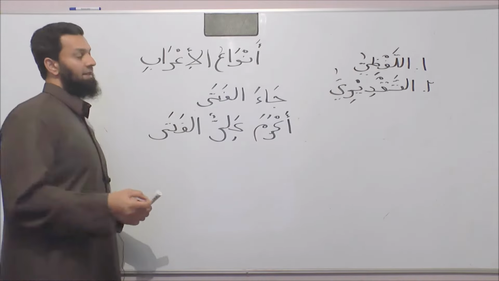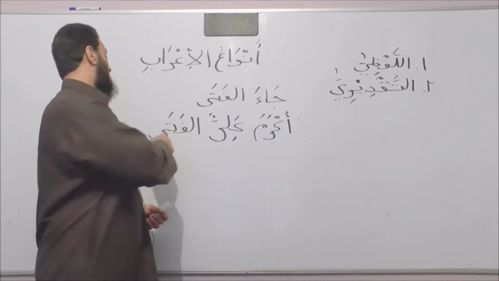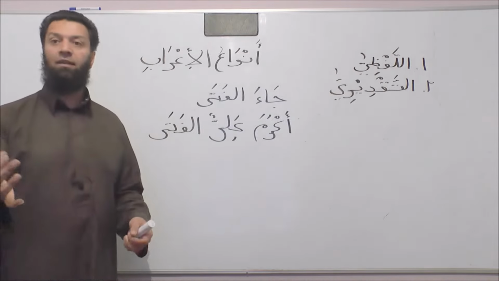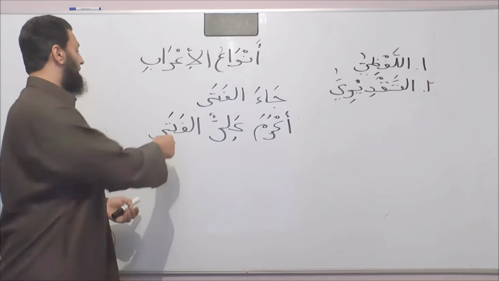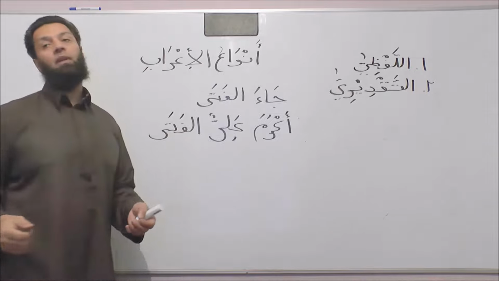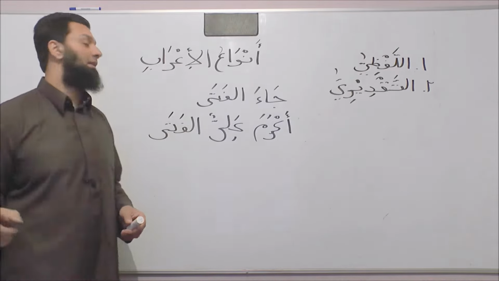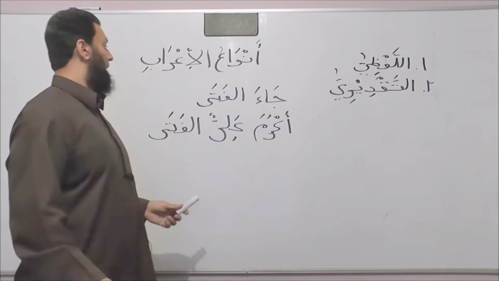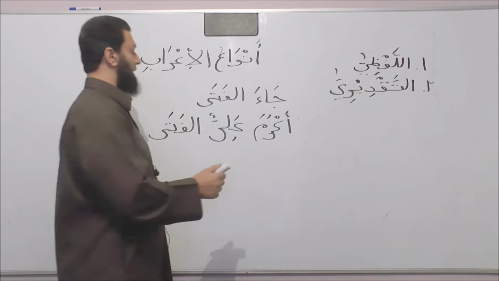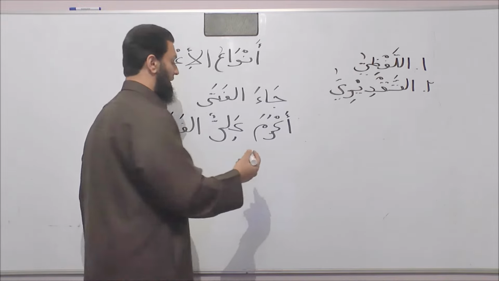So it is therefore assumed to be there. What prevents it from appearing, al-mani', that which is an obstacle from it appearing, is that the alif al-maqsura cannot accommodate a vowel sign. So it's a taqdeeri.